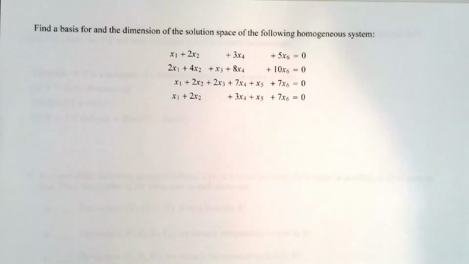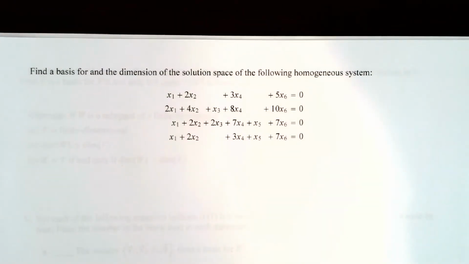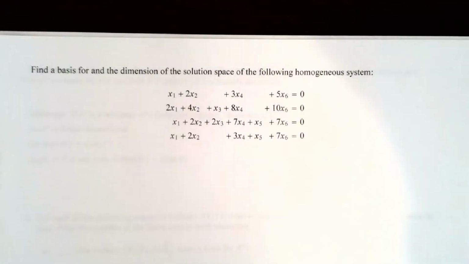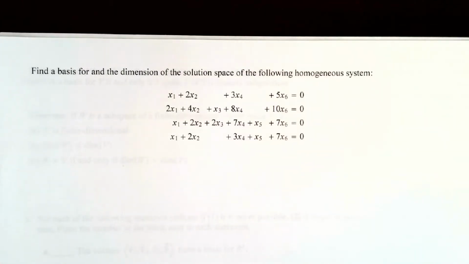Okay, we're going to take a look at this problem: find the basis and dimension of the solution space of the following homogeneous system. If you remember in section 4.2 on subspaces at the end, we talked about the fact that the solution space to any homogeneous system is a subspace.